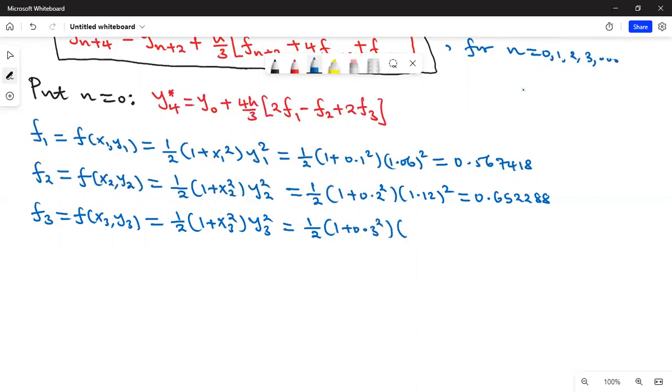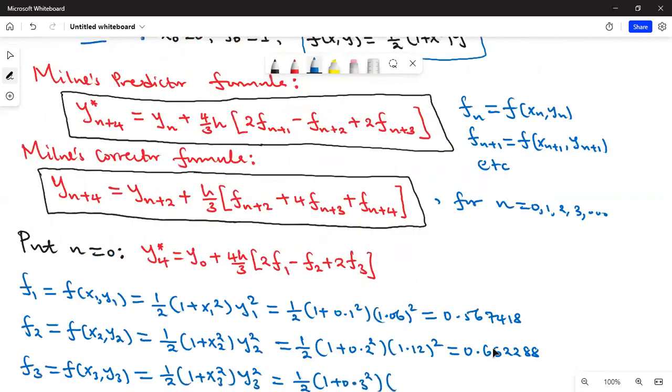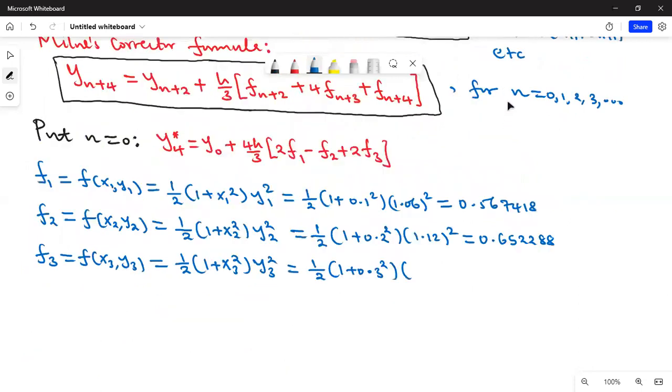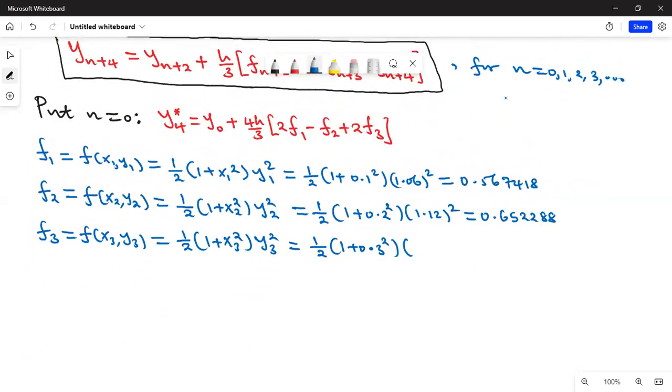What about our y3? We can refer to the table. Our y3 was 1.21. We need to square that. So we have 1.21 squared. When you press in your calculator, you need to get f3 is equals to 0.797935.